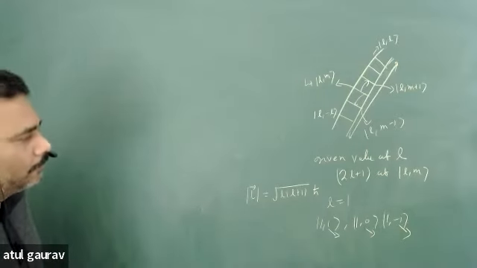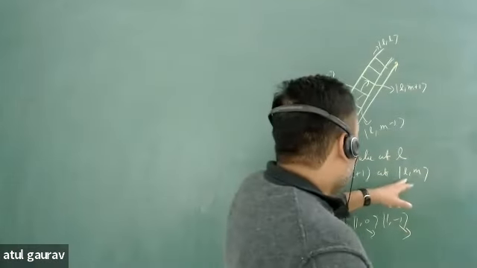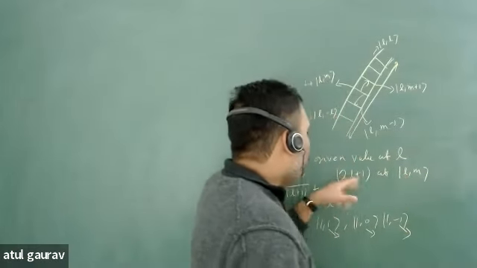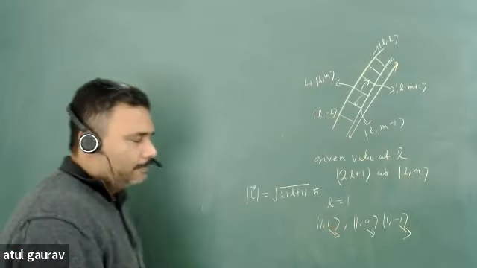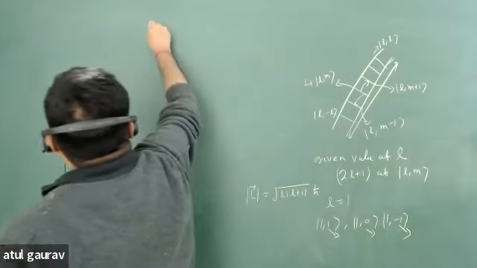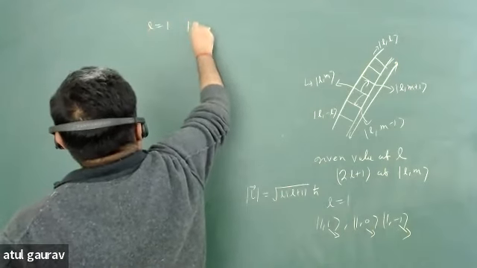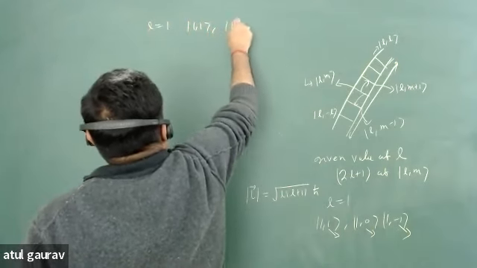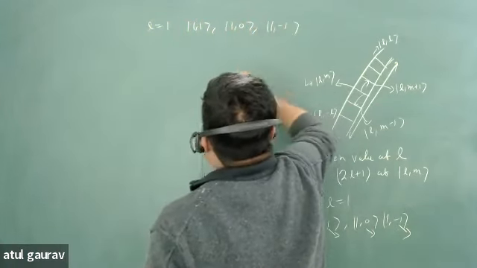So there are 3 possible kets, है ना? So if you have L and M, for the given value of L, how many possible kets are there? There are 2L plus 1 kets. Suppose we are talking about L is equal to 1. That means we have the 1,1 ket, the 1,0 ket, and the 1,minus 1 ket.